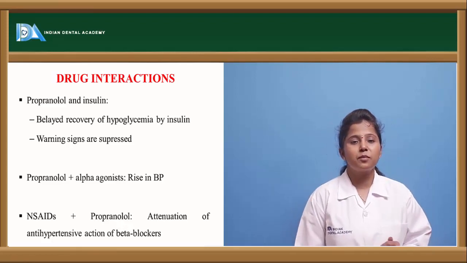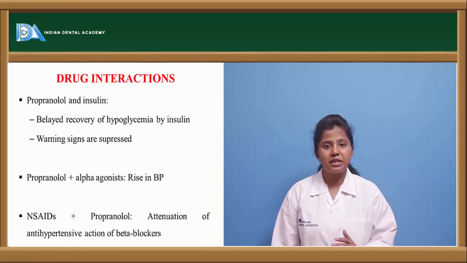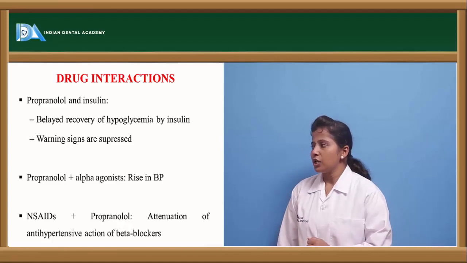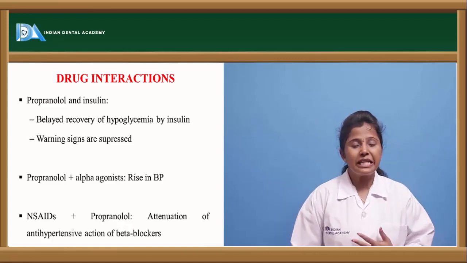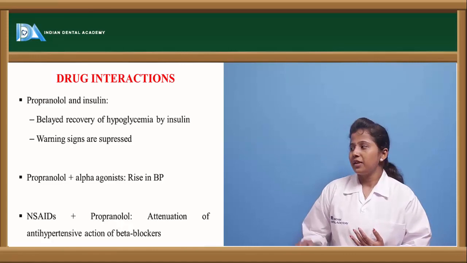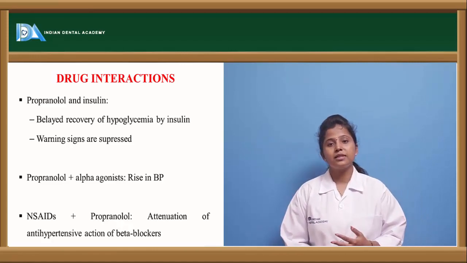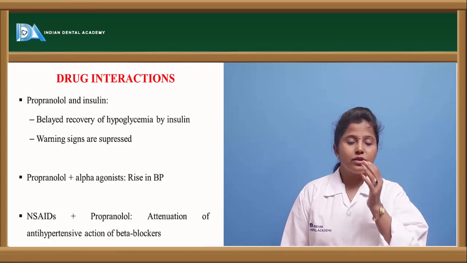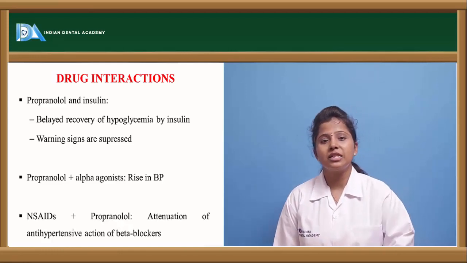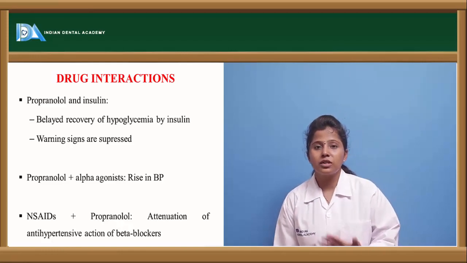What are the drug interactions? When should propranolol be contraindicated as a beta receptor antagonist? Propranolol should not be given with insulin. Why? Because, as I told you, propranolol affects glycogenolysis, where glycogen breakdown takes place and glucose is formed.